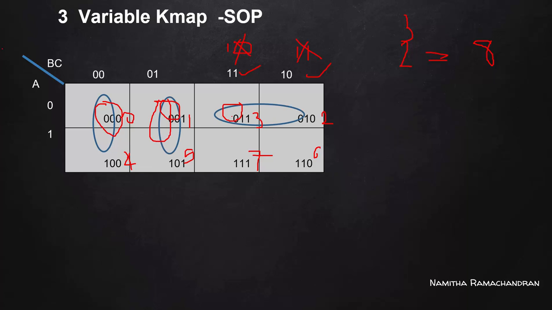We can also consider vertical groups like this, and horizontal groups with 2 cells like this, and this. Another possibility is a group with 4 cells.